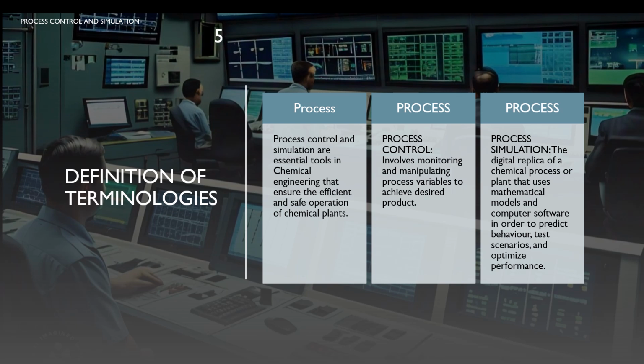But in the chemical lexicon, we can look at it as the digital replica of a chemical process or plant via the use of mathematical models and computer softwares in order to predict the behavior and to test the scenarios of these processes so as to optimize performance. You replicate a process and then you simulate it using mathematical models and softwares like Aspen Plus and Hysys and other softwares.